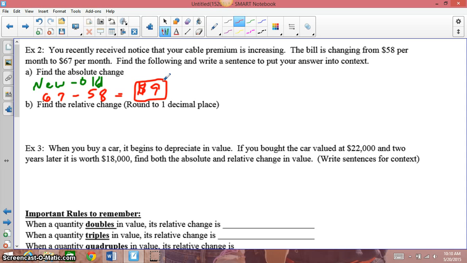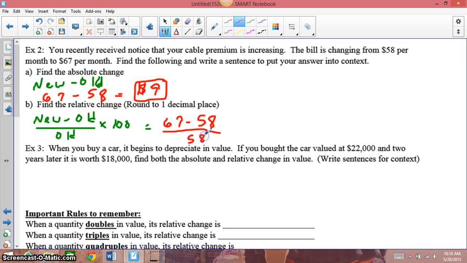Okay. To find my relative change, remember that formula, new minus old divided by the old. Since I'm trying to find a percentage, I'll multiply by 100. So here, I'm looking at my new amount, 67, minus my old amount, divided by that old amount. Again, if you can do it all at one time in your calculator, be sure you use parentheses.